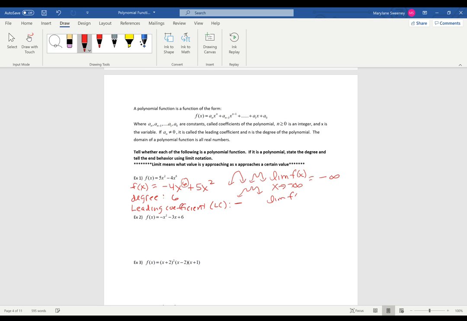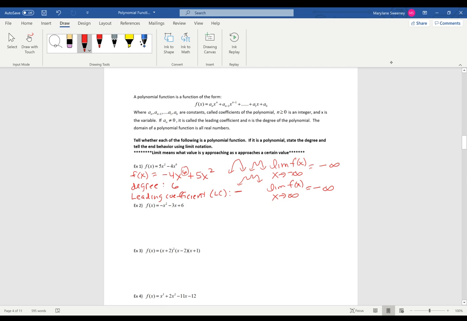If I want the limit of f of x as x approaches positive infinity, since the ends are down, that's going to be negative infinity. So what it's saying is if I move to the left on the graph, my y's are going to negative infinity. And if I move to the right on the graph, my y's are going to negative infinity.